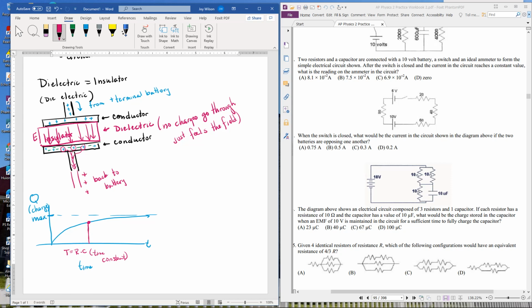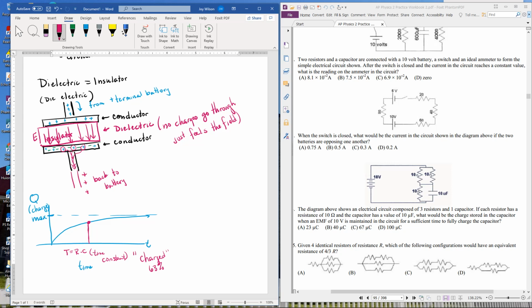So the time constant is when we call our capacitor charged, because you can see that it's an asymptotic curve, and as it approaches that asymptote, it's only gaining tiny bits of charge over and over. So we generally consider it charged at about 63%. So when it's about 63% charged, we call that a charged capacitor.